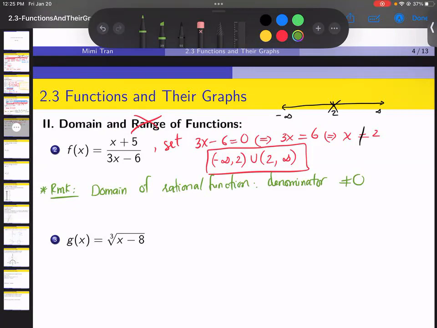Let's take a look at this graph. I'm curious, what happened at 2? But I want to see what happened at 2.